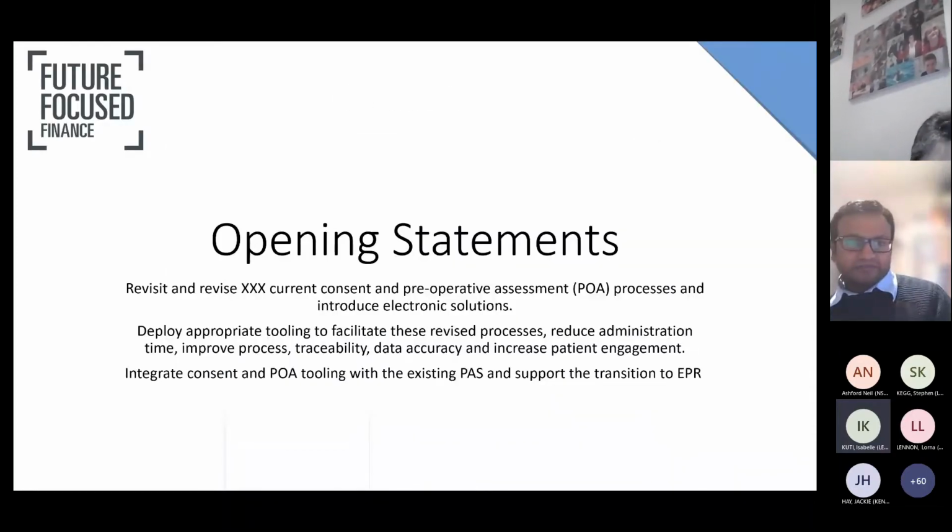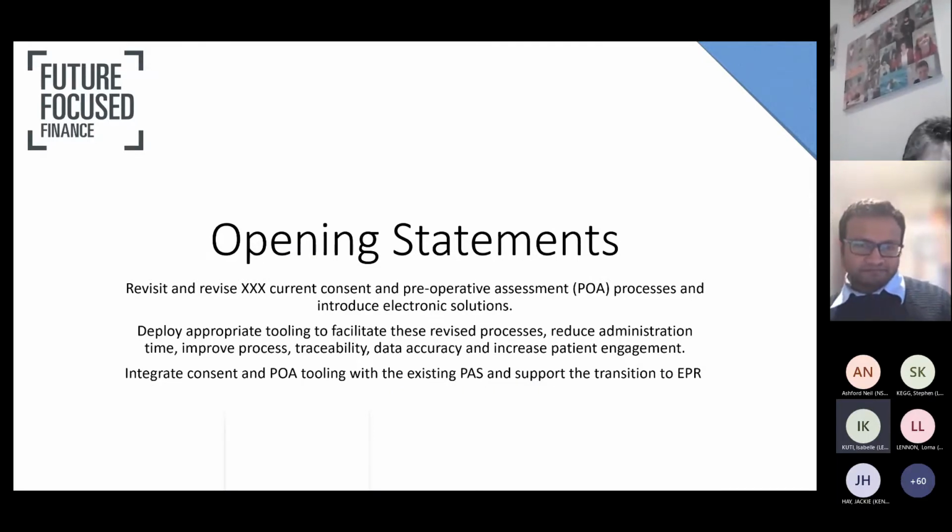And then this, again, is for one of the consent things. So an opening statement. This is quite a wordy, waffly thing that doesn't really say a lot.